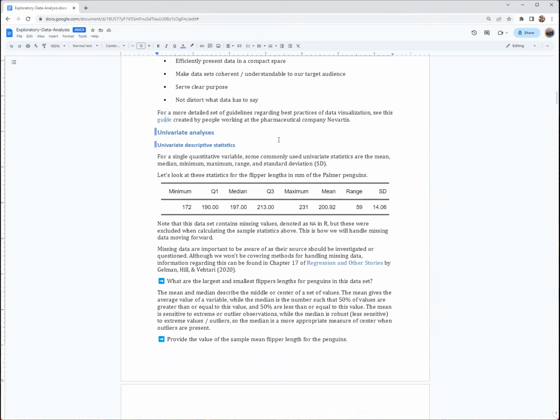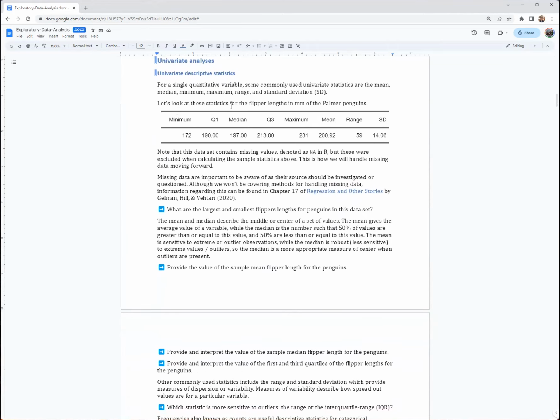When we have one quantitative variable, here are some of the most common statistics that are calculated. So this is an example of summary statistics, a table of summary statistics for the flipper lengths of the Palmer penguins. These are all non-missing.